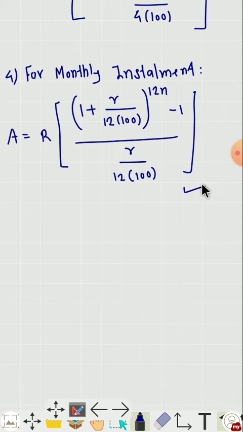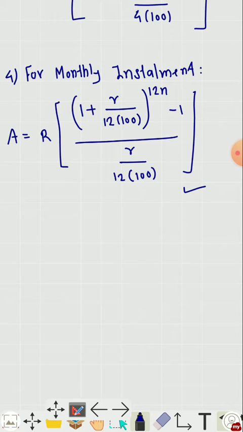So these are the formulas to get the maturity amount for the annual payment, half yearly payment, quarterly payment and monthly payment.